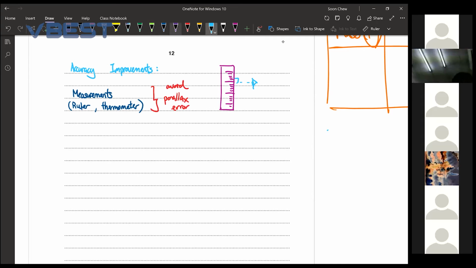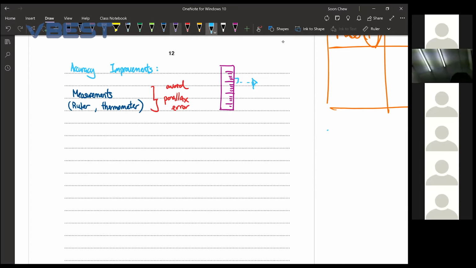Okay, then if the question asks you something related to circuits, usually they will measure voltage and also current. If we want to have an improvement in our answers, you can tell them to use smaller currents.